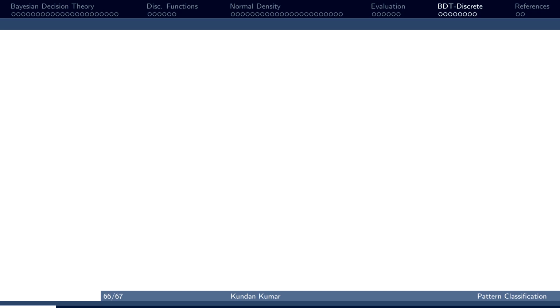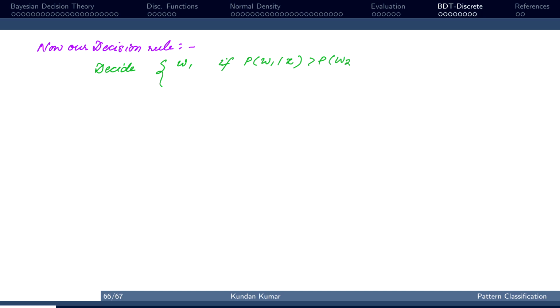Now our decision rule will be: decide omega 1 if the posterior probability of class 1 is greater than the posterior probability of class 2. Otherwise, we will decide omega 2.